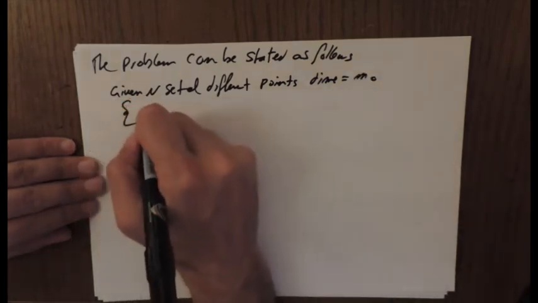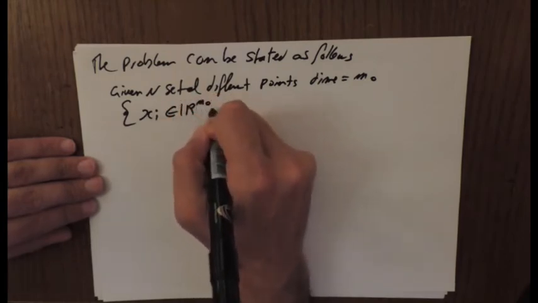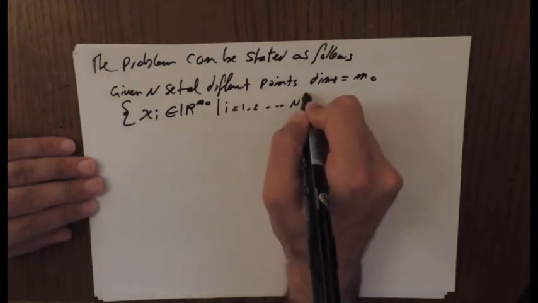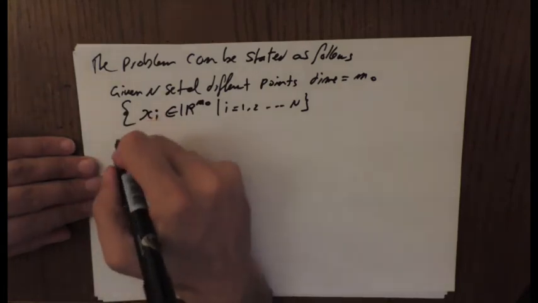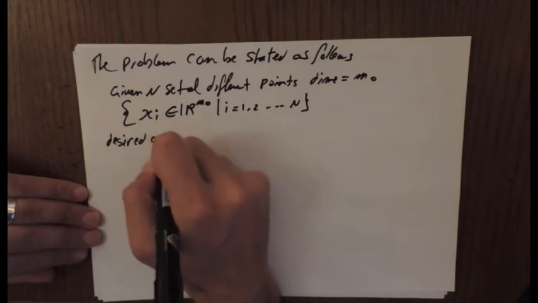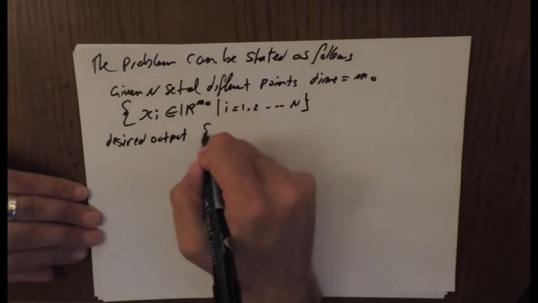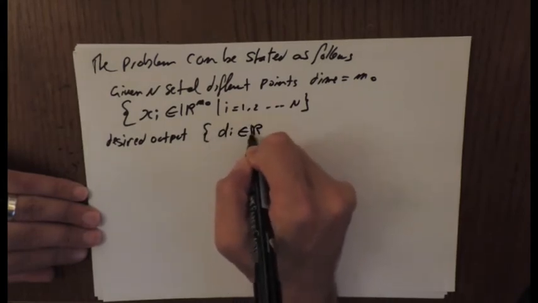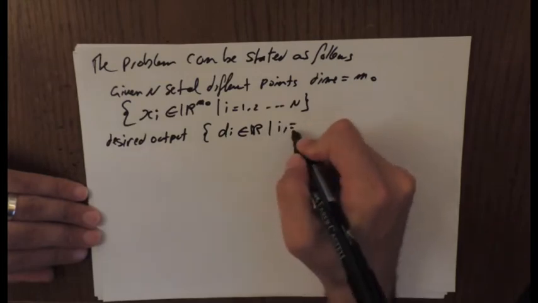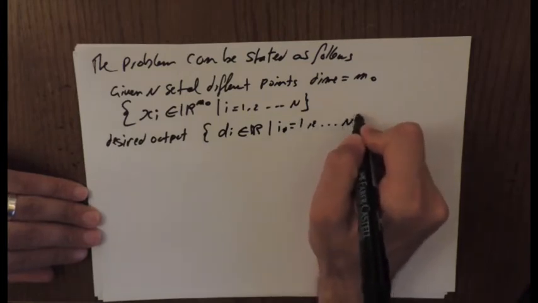So now we have xi belongs to R^m0, where i goes from 1 all the way to n. Okay, and of course since this is supervised, we have the desired output. The output, remember, is just a single dimension. So di belonging to R, where i goes from 1 all the way to n.